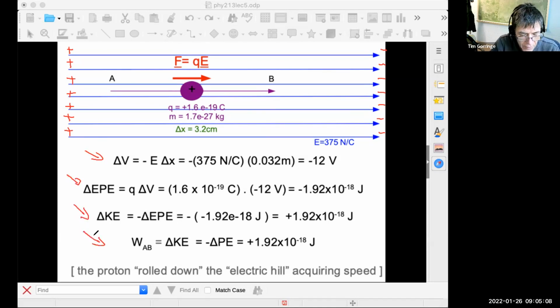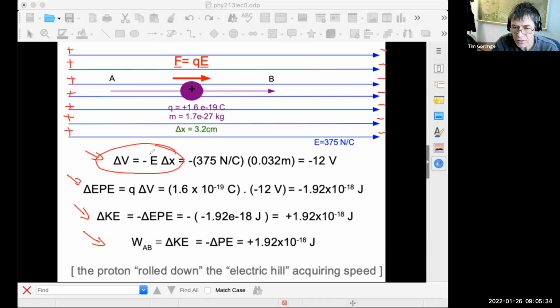So to calculate the change in potential, that's delta V, I'm using this equation here. This is the equation that told us that the electrical field is the negative slope of the electrical potential. It's just rearranged.